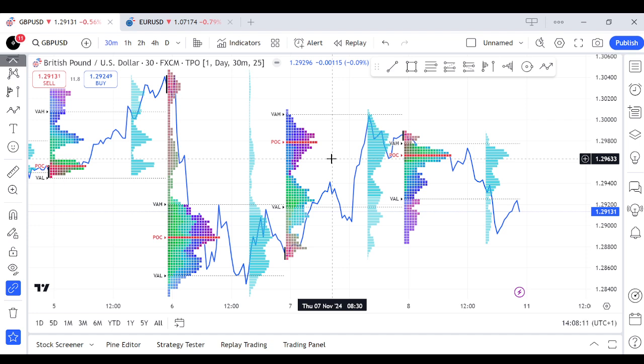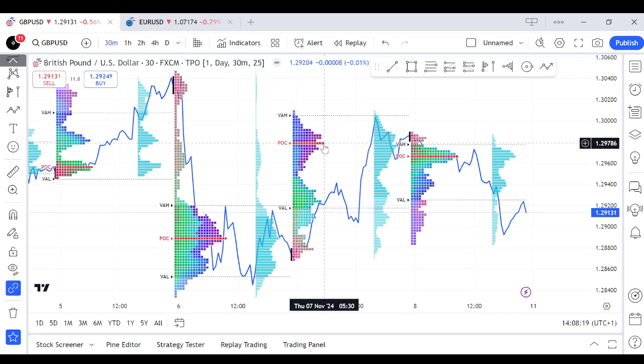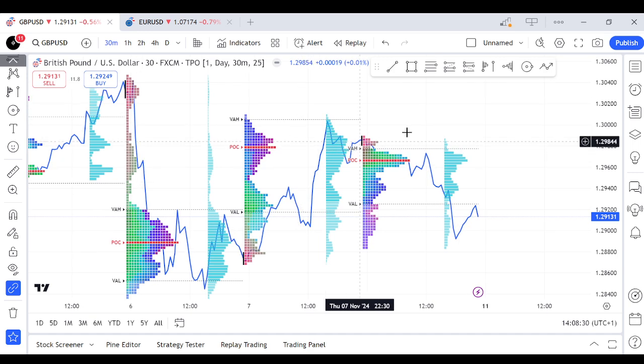So use the point of control as a reference point for setting stop loss orders or profit targets. So this is the point of control, like I explained earlier, this red line right here. This is your point of control, and it can be used for support or resistance levels.